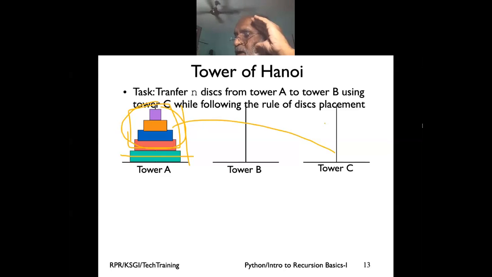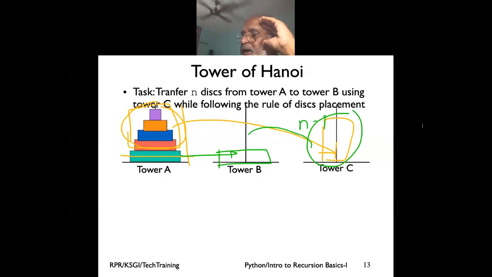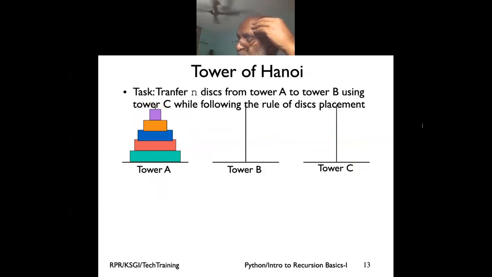Once the 4 disks are moved, then I move this green disk here, tower B. Now I am back to the same problem of size n-1. I move n-1 back to this using A as empty tower. So essentially, in Tower of Hanoi, I reduce the problem of size n to a problem of size n-1.